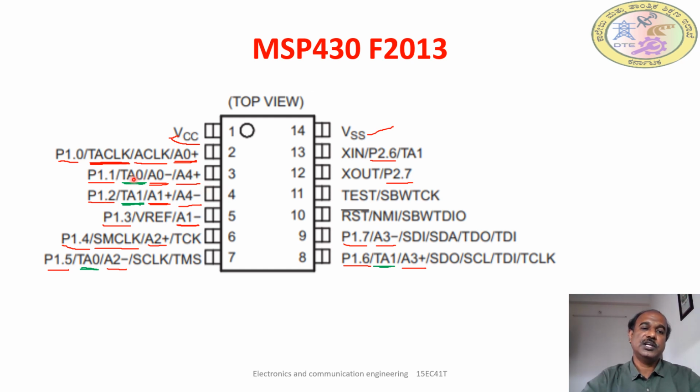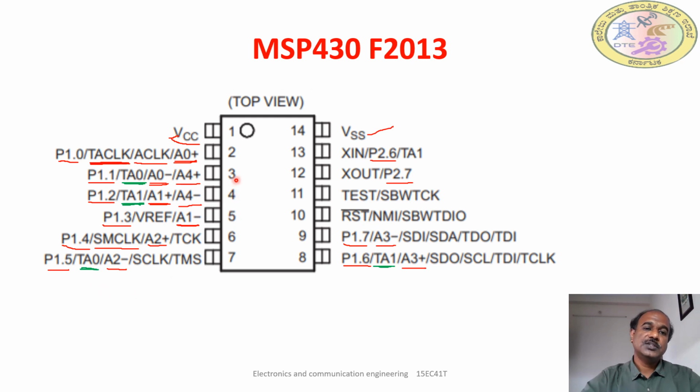Now if you select this TA0 function for pin number 7, then only the compare output is available on this pin. We cannot use it for capture input. So when pin number 7 is selected for TA0, it can only function as an output pin, meaning the compare output is available on this pin.